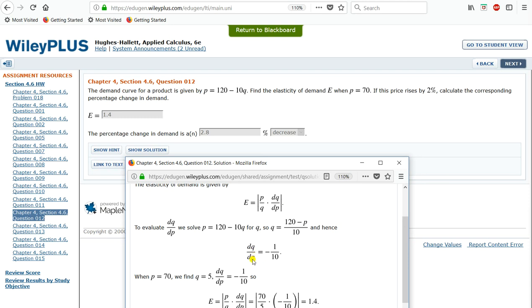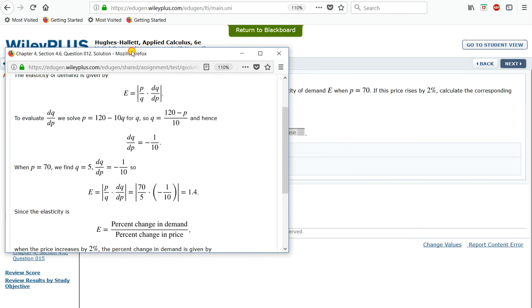And how do I find dQ over dP in this problem? So let me quickly do that here.